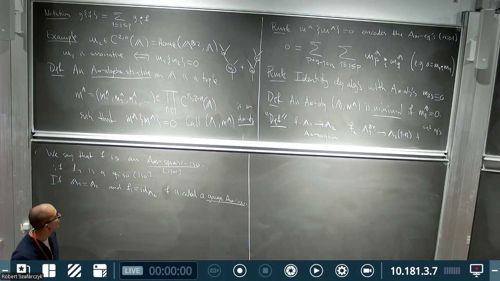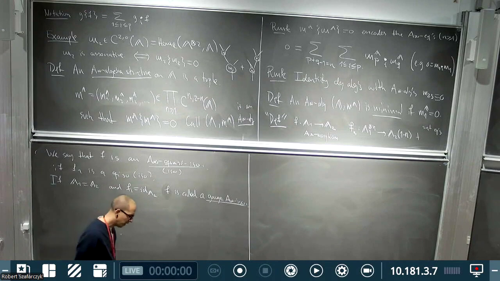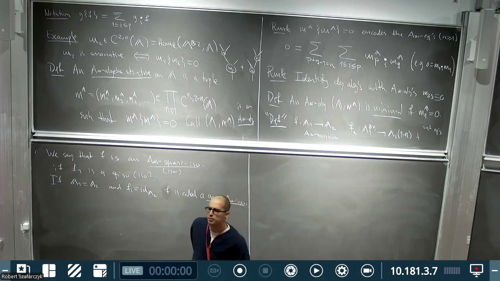Okay. So this is a very fast introduction to the basic definitions around A infinity algebras. If you've never seen this before, it might be difficult to appreciate why this might be interesting.